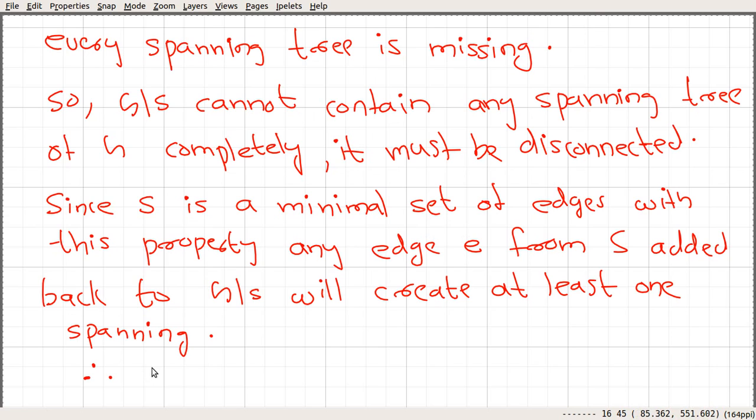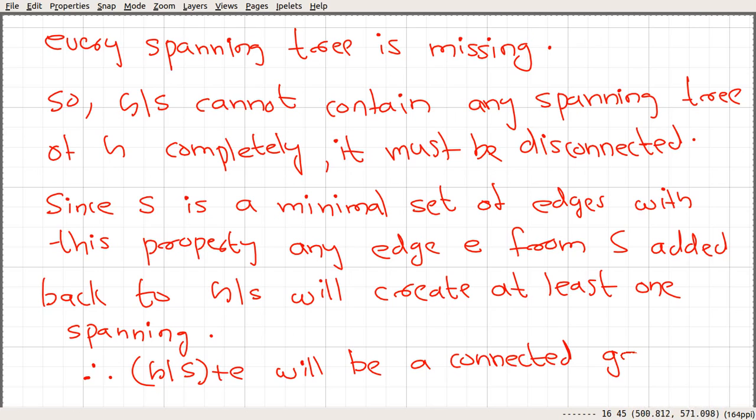Therefore, the graph G minus S plus E, where we reintroduce this particular edge, will be a connected graph. And that says this S is a minimal set of edges whose removal from G disconnects G. That satisfies the definition of a cut set, and so S is a cut set.